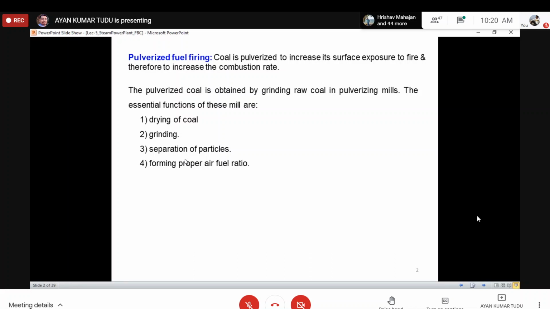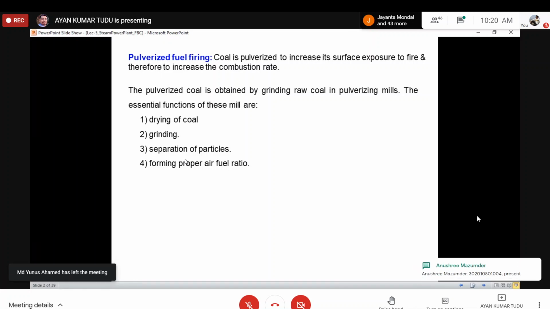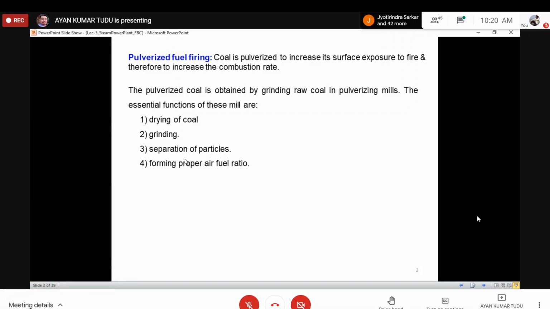If you recollect, when we were talking about the air coming from the forced draught fan, I told you that some part of the air is going to the furnace and some part is going to the pulverizing mill, from where it collects this pulverized coal and then feeds it into the furnace.